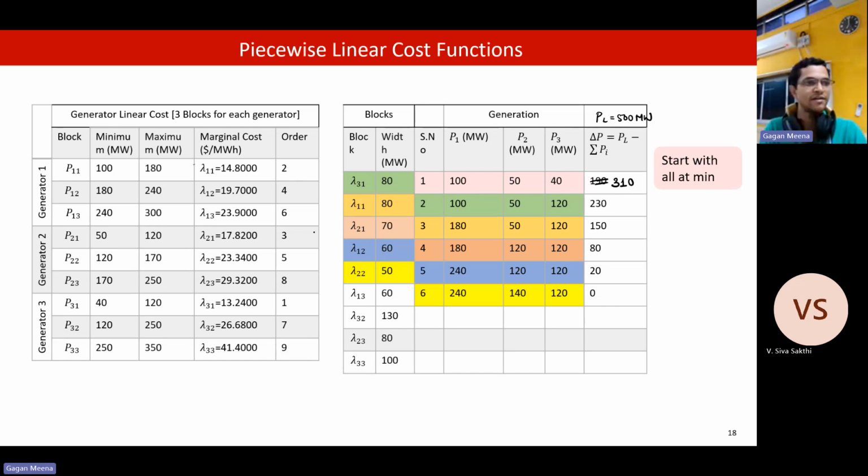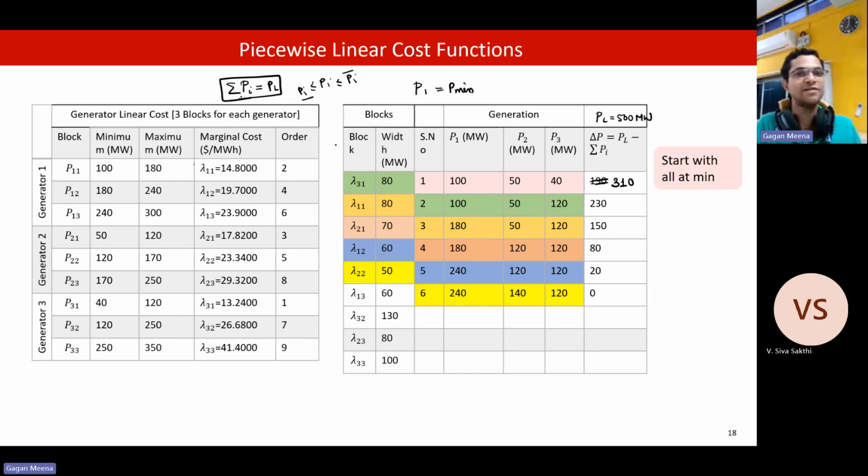Once we order it in increasing order, the first step is to load each of the generators with their minimum value, because we have the constraint that the sum of the generation should be equal to the load. Plus we have one more constraint, that each generator should be more than its minimum and less than its maximum value.